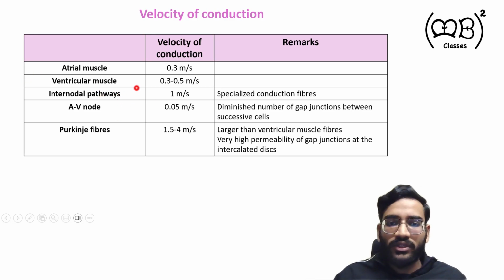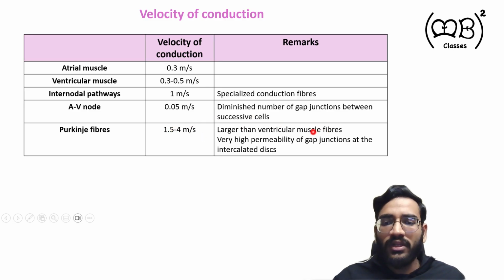Just like the SA node, they are for the process of conduction of impulse from one part of the heart to the other. So the speed of conduction in an internodal pathway is 1 meter per second, and in Purkinje it is the fastest, which is 1.5 to 4 meter per second, because they are even larger than the ventricular muscle fibers.